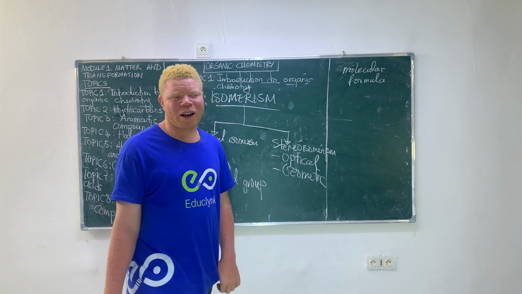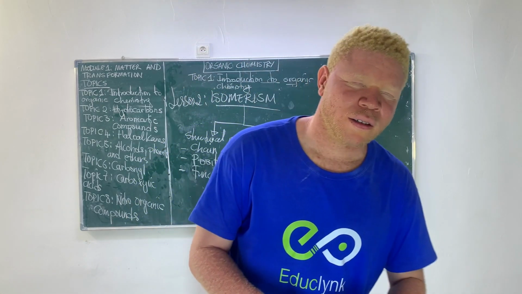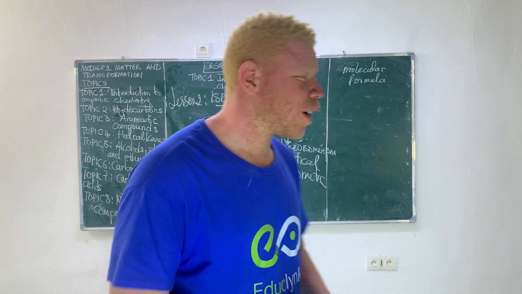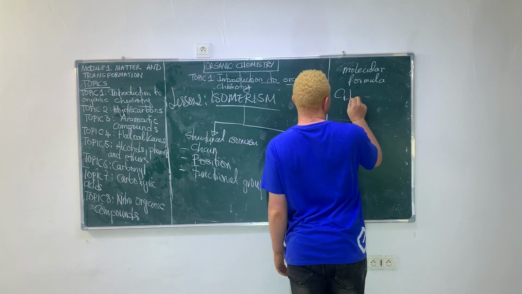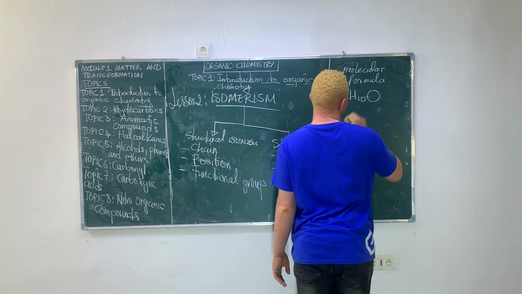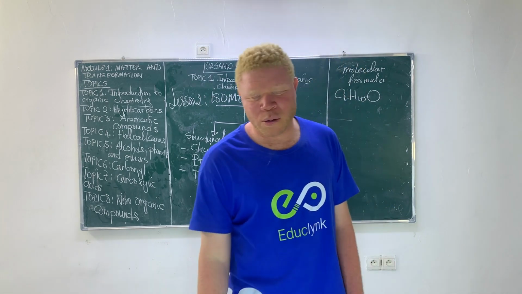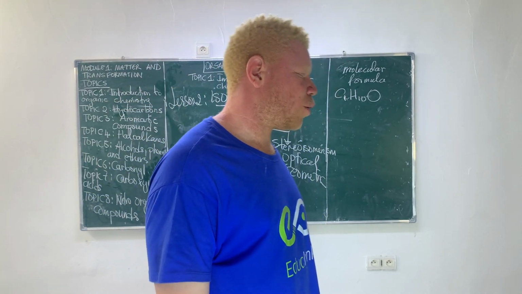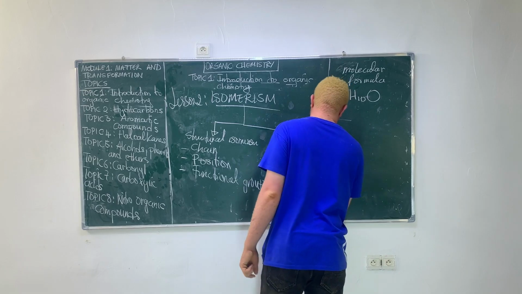So I will take an organic compound to illustrate this isomerism lesson. Consider the organic compound C4H10O. So I will illustrate these various types of isomerism.